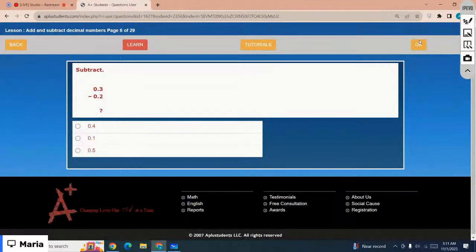So, which is the correct option? The correct option is 0.1, right? 0.3 take away 0.2 is 0.1.